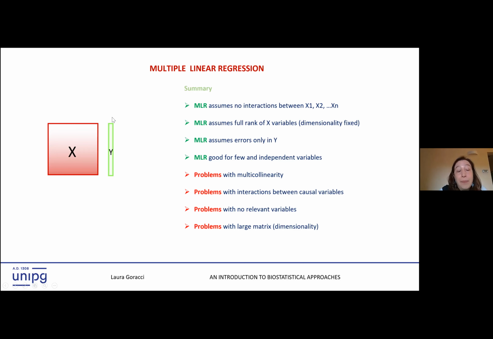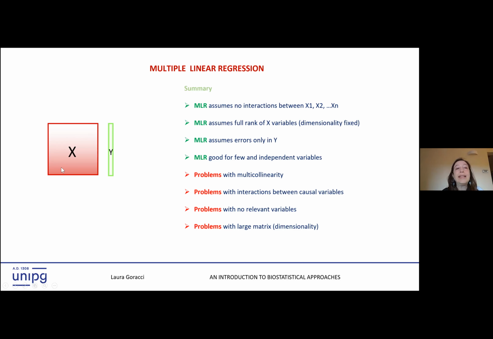That was a simple case because it was a simple linear regression. But in the omics, we usually have an X matrix. I showed that before in the first slide. And so we can apply multiple linear regression. Again, it's good. All the methods have their pros and cons, but you have to take into account what we have said for the simple linear regression, so that also MLR assumes errors only in the Y, okay?